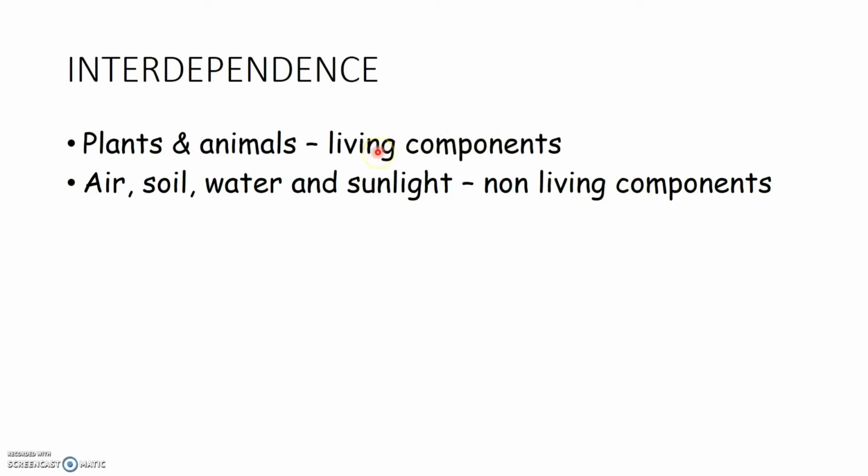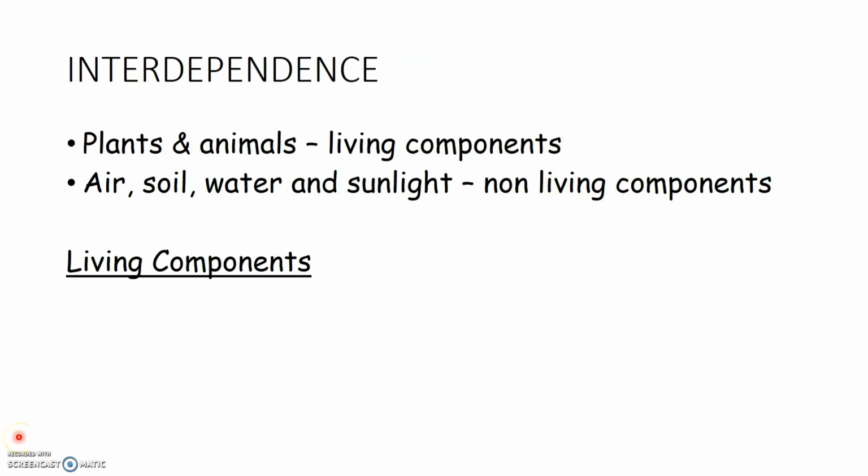So we know that plants and animals, they are dependent on each other. That is, living components are dependent on each other. They are also dependent on non-living components. Now, this dependence of living components on other living components and also on non-living components is known as interdependence.